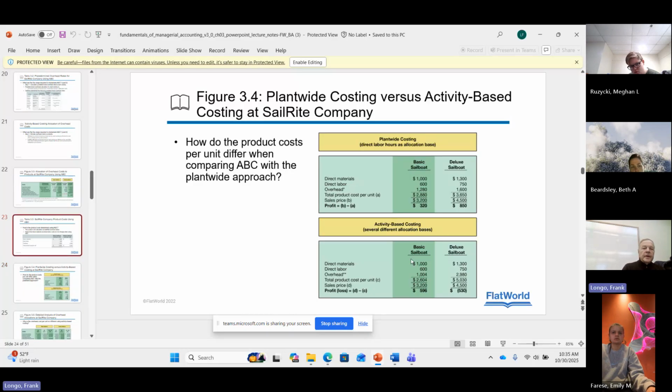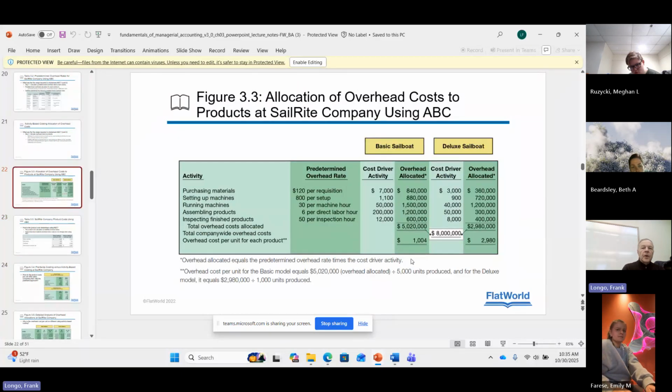So what we're doing in this whole situation is looking at the activities. This is activity-based costing. We looked at the various activities, we estimated what the total cost of the activity is, and we determined a unit rate, and then we allocated that to the product.